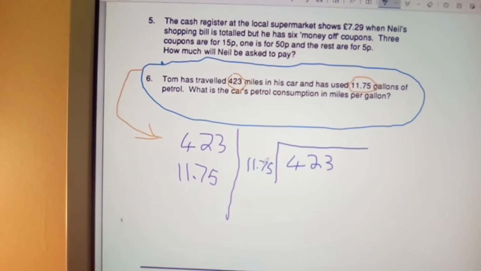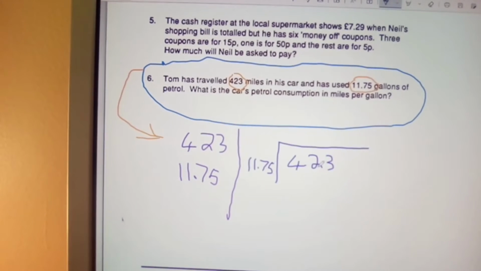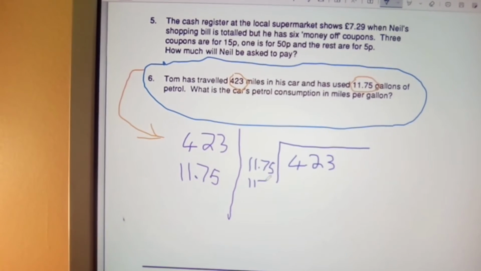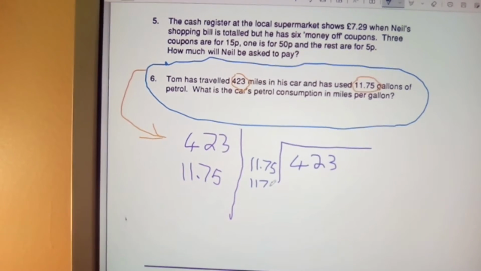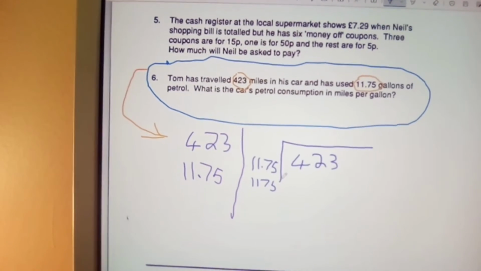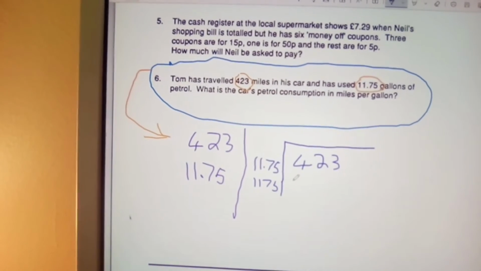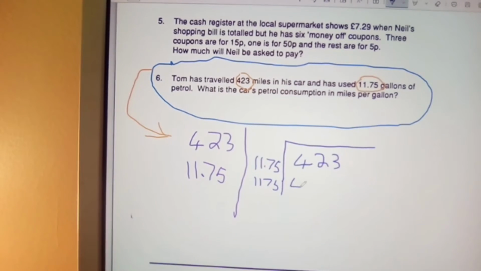So if I divide this by 1,175, that doesn't do me any good, so I'm going to remove that. I'm moving my decimal point two places to the right, which gives me 1,175, and that's the one I'm working with. I'm just extending my brackets so you can see what I'm doing.